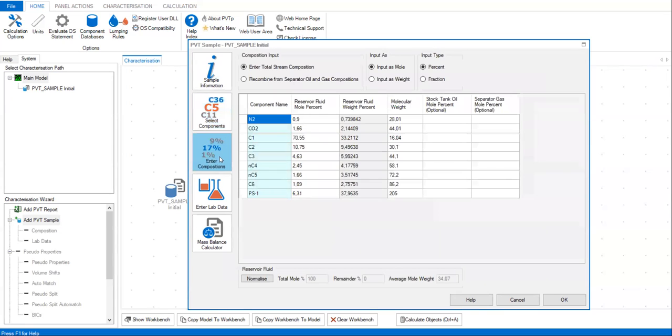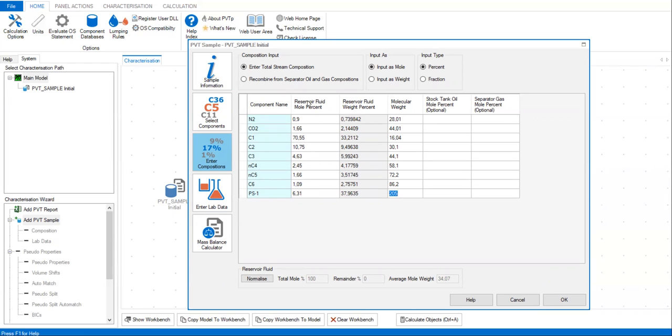And enter composition here. If you want to follow me, you can get this data. You can look at this data and populate your PVTP with these values. And our pseudo component here, C7 plus, the molecular weight is 205.